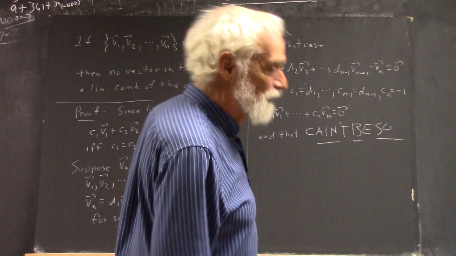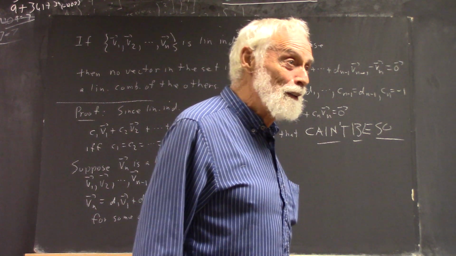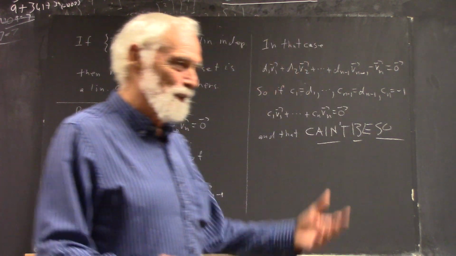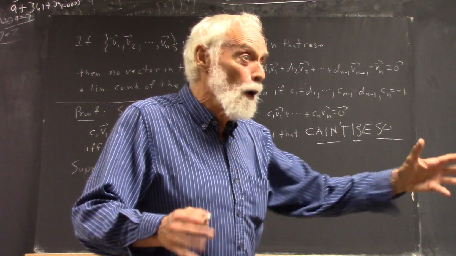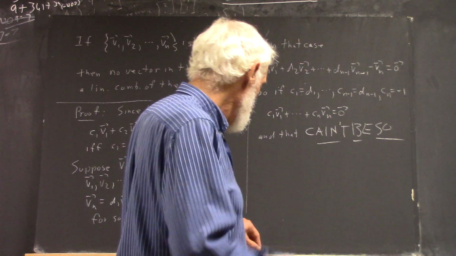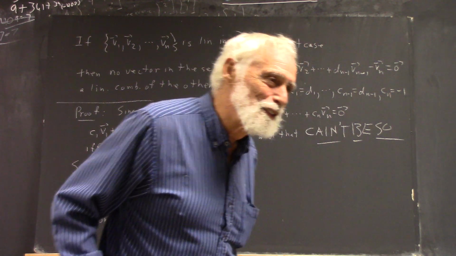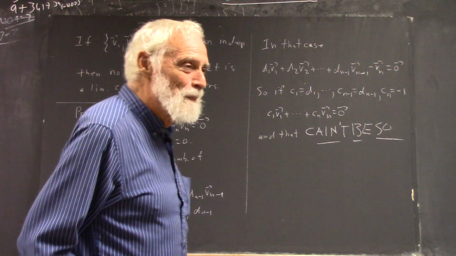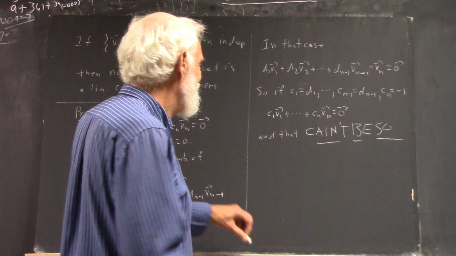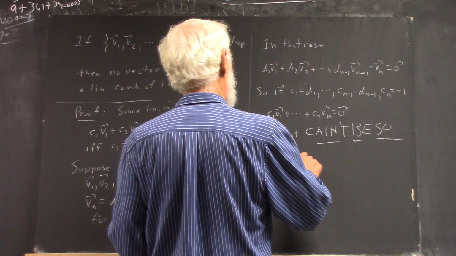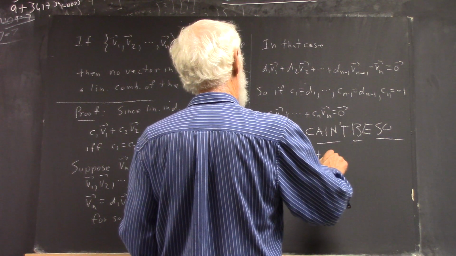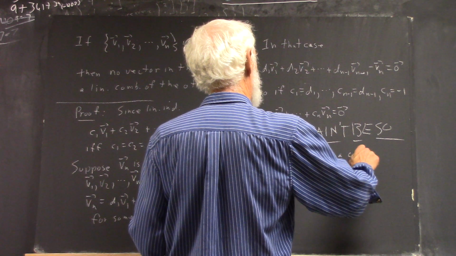Oh yeah, it's a contradiction. Use the formal language. Don't say "can't be so." Yes, it's a contradiction. Now that's really what you want to say. Well, "can't be so" still gets the message across. I.e., we got us a contradiction.